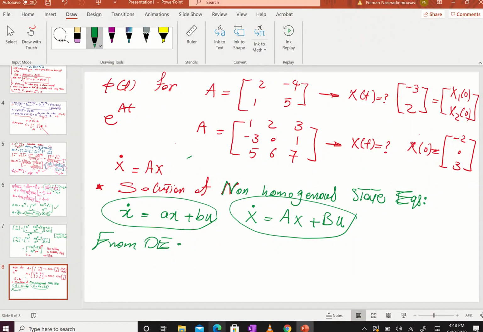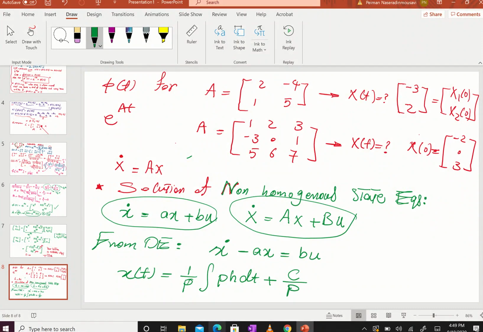From the differential equation course that you had as undergraduates, you know that if you have the equation x dot minus Ax equals Bu, its general solution can be written as this: x of t is 1 over p integration of ph dt plus c over p. This is general for the first order differential equation.